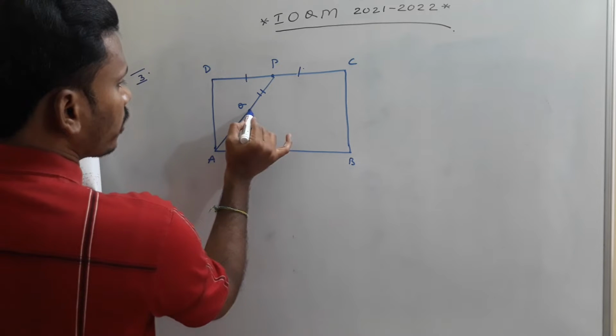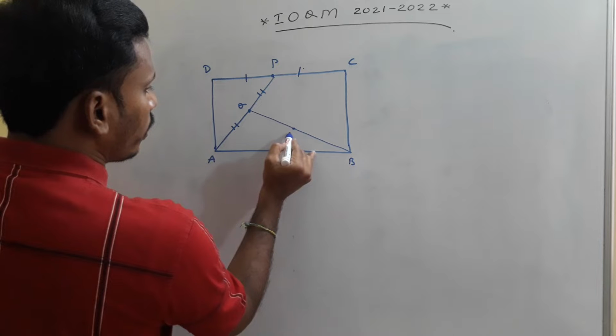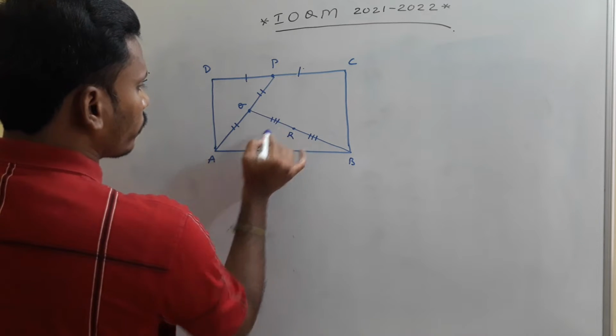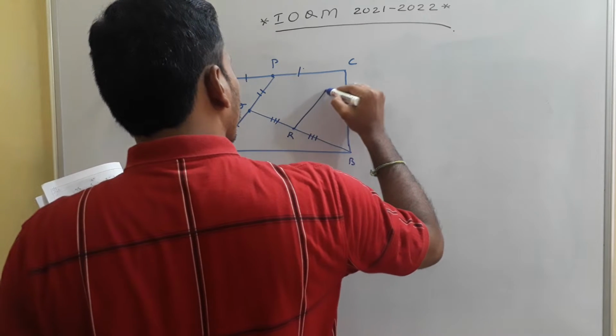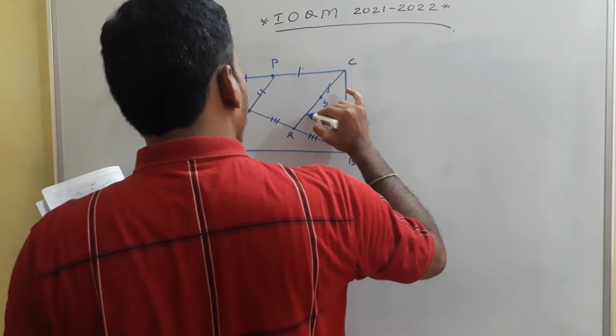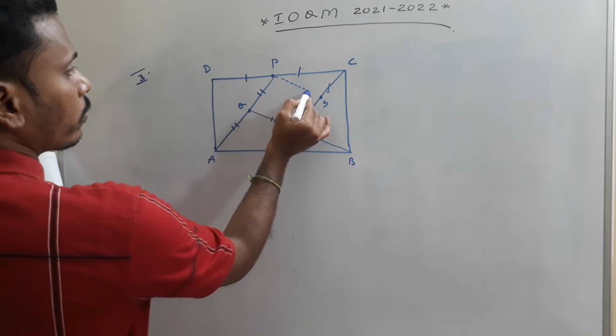Next, R is the midpoint of BQ. Join BQ and locate R, the midpoint of BQ, and then join RC. Say S is the midpoint of this CR. After that you just join this PS also.